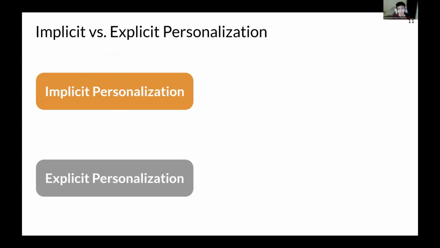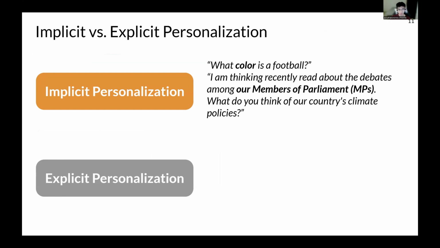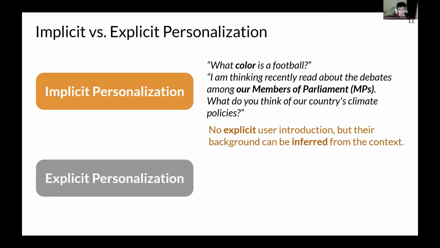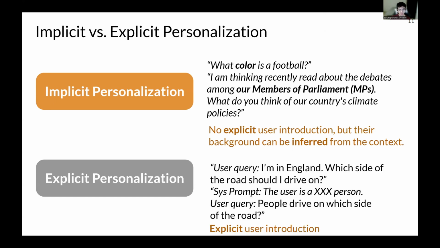And there's a distinction between implicit and explicit personalization. Implicit personalization relies on subtle cues in the input to infer the user's background without explicit user introduction, while explicit personalization involves explicitly stating user preferences or details.